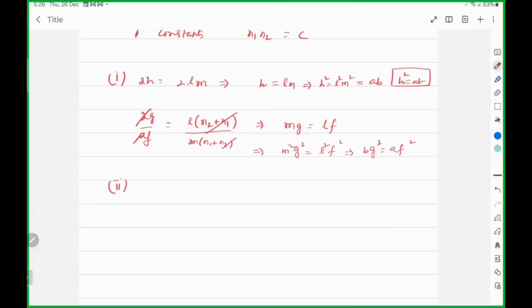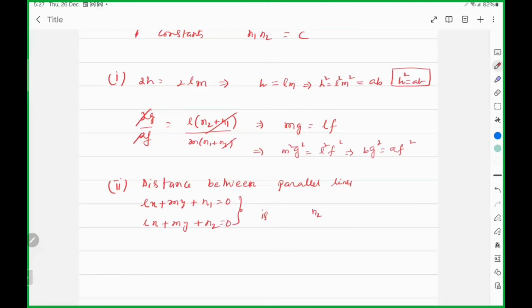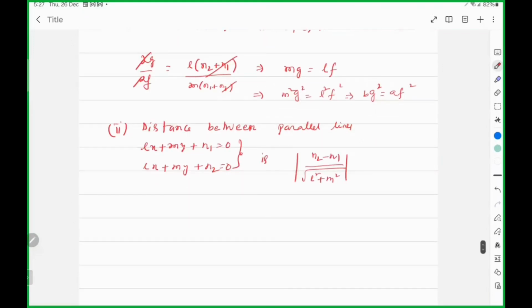Second one, the distance between the parallel lines Lx plus my plus n1 equals 0 and another Lx plus my plus n2 equals 0, is, we have a formula, n1 minus n2 by root of L square plus m square, which is n1 plus n2 whole square minus 4 n1 n2 by root of a plus b.